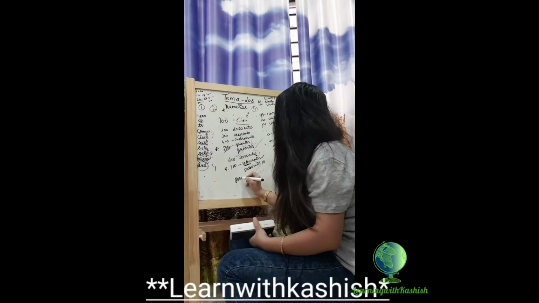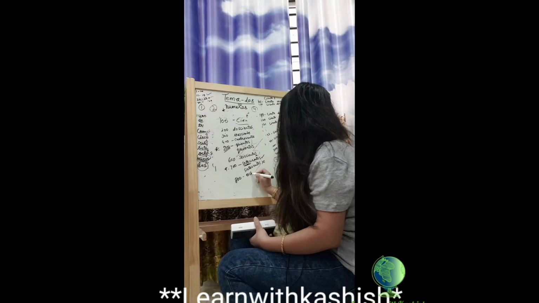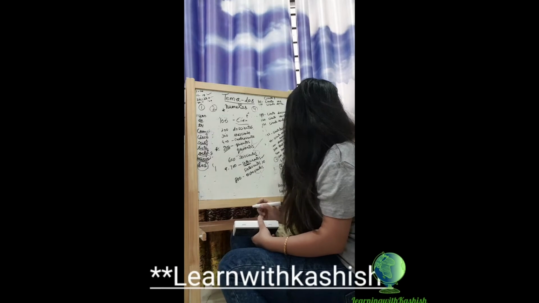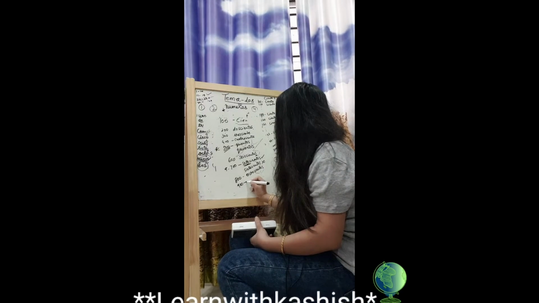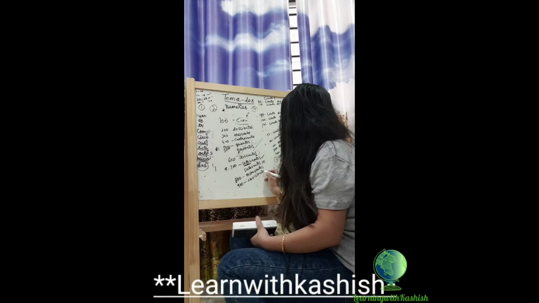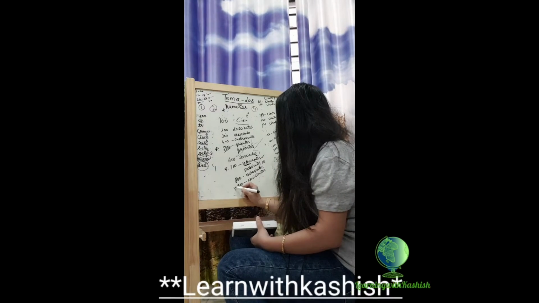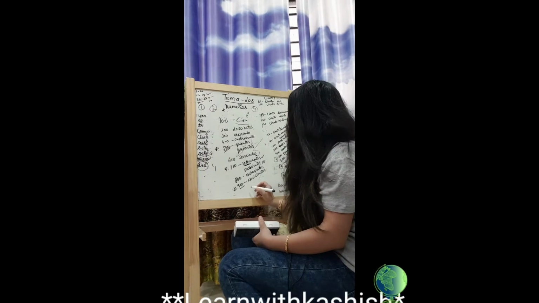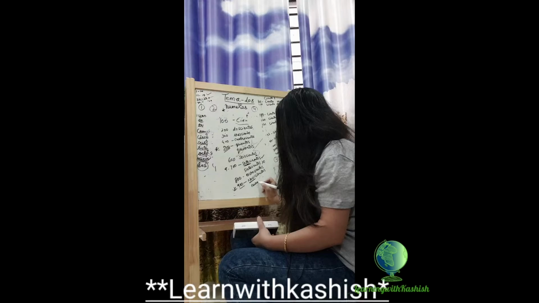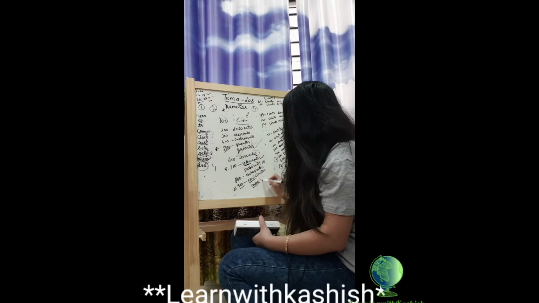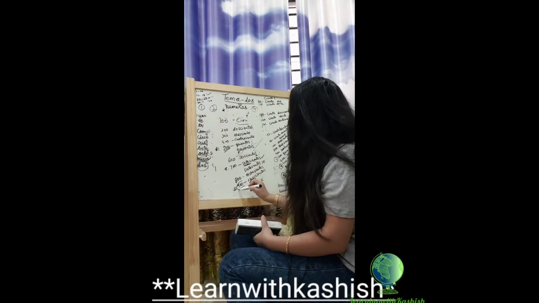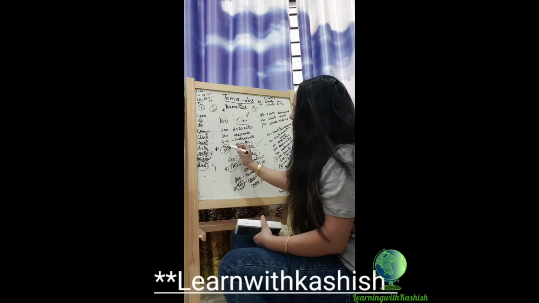Then 800 is ochocientos. 900 also novecientos. So here also, this also you have to remember, because it is novecientos, not nueve ciento. So you have to remember 900, 700, 500.